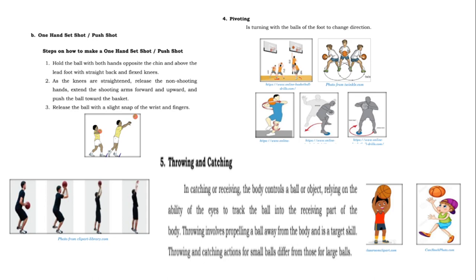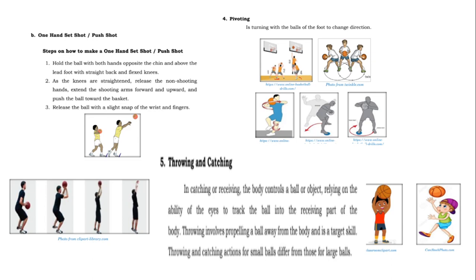So, what are the basic skills that we need to have in playing basketball? One, we need to have the dribbling. Number 2, we need to have the shooting. Am I right? Dribbling, the shooting. Number 3 is the passing. Number 4 is pivoting. And number 5 is the throwing and catching. Pag sinabi nating dribbling, there is the low and the high dribbling.